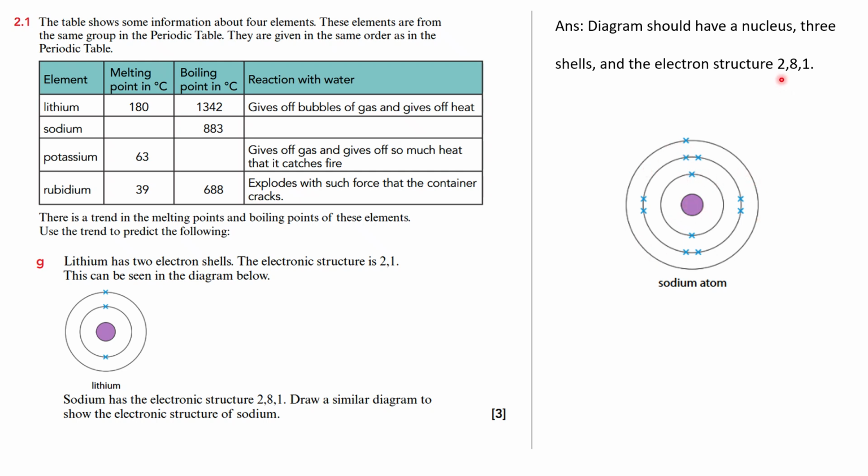Then in the first shell, how many electrons are given? 2. So you will draw 2 electrons. Then in the second shell you have 8 electrons. Then in the outermost shell you will have 1 electron. So this is how you're going to draw the answer for this question. Now make sure to draw the nucleus, because if you don't draw this, then it will not be considered an atom. So you will lose marks there.